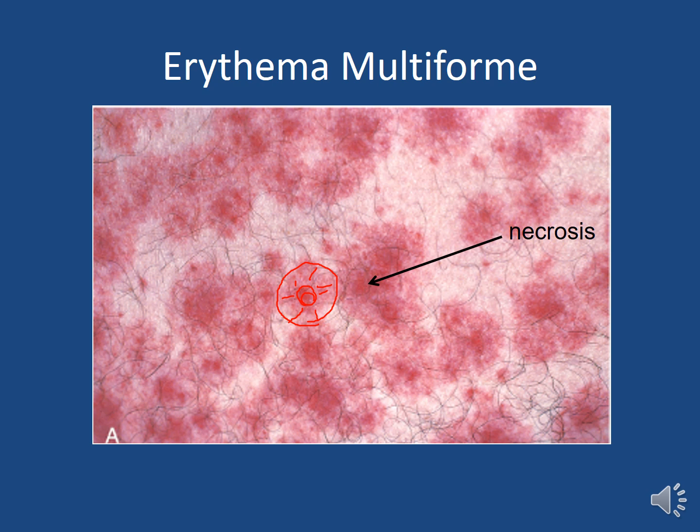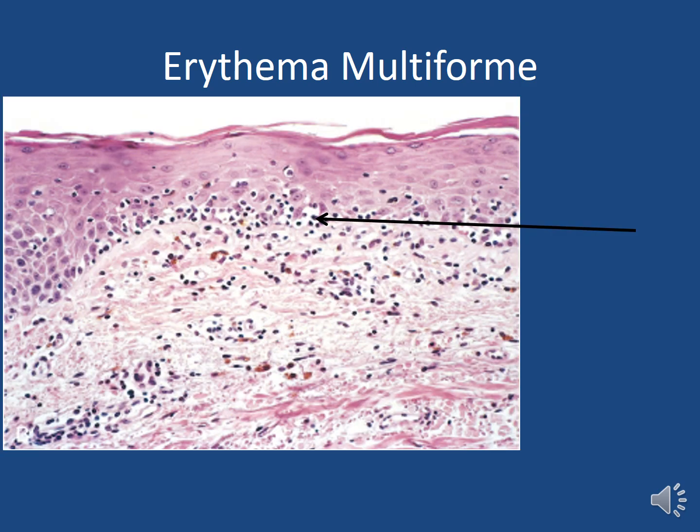So the central portion is darker than the peripheral portion because of the extensive degree of necrosis that will develop at the center secondary to the killing of the squamous cells by the abnormally activated CD8 lymphocytes.